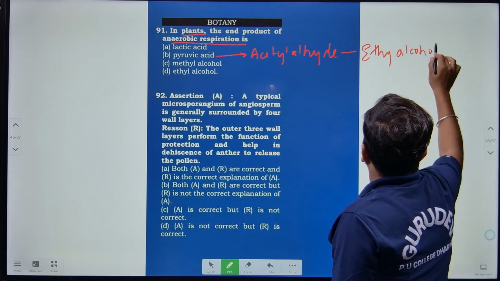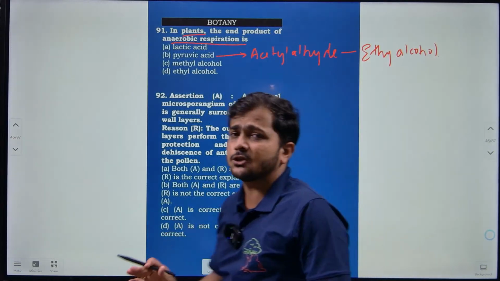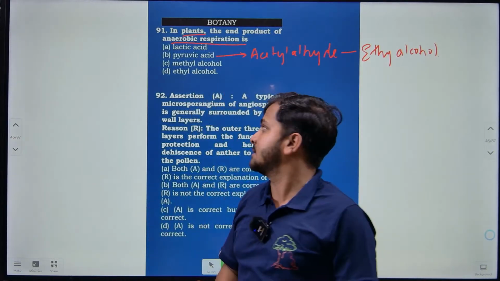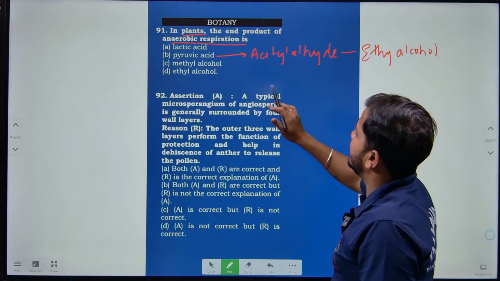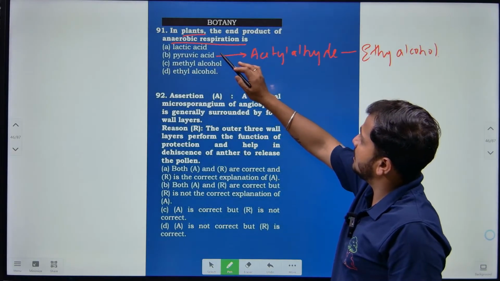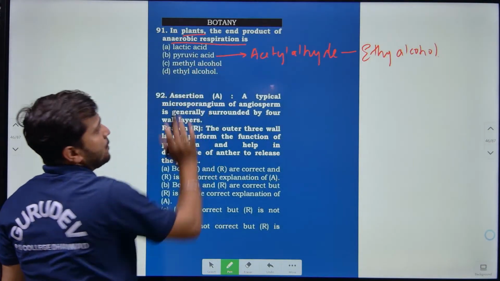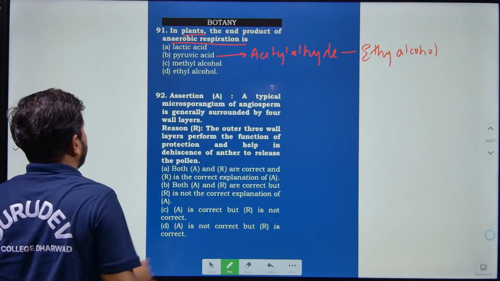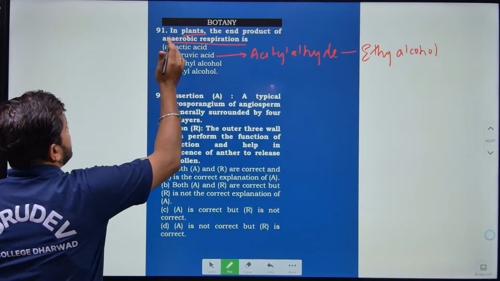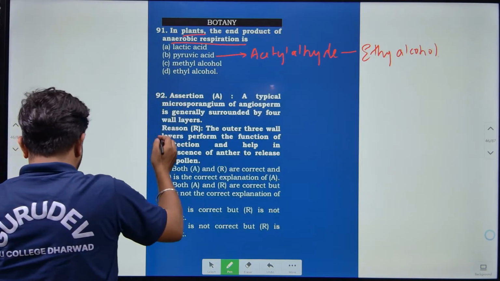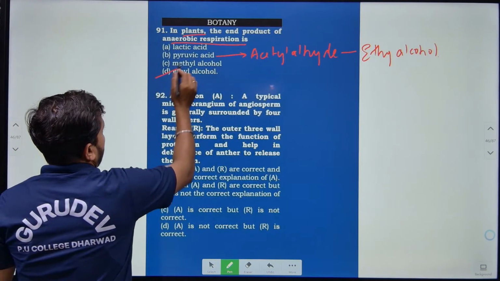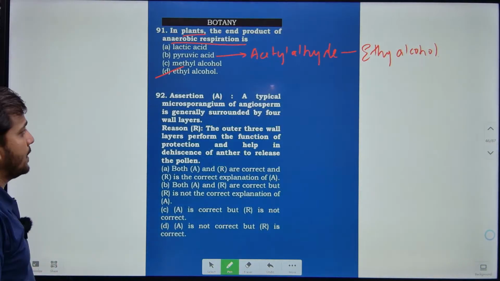So ethyl alcohol formation can take place in the presence of alcohol dehydrogenase, right? So the answer to the question, the end product of anaerobic respiration in plants, is the production of ethyl alcohol, right? That is what we are going to see.